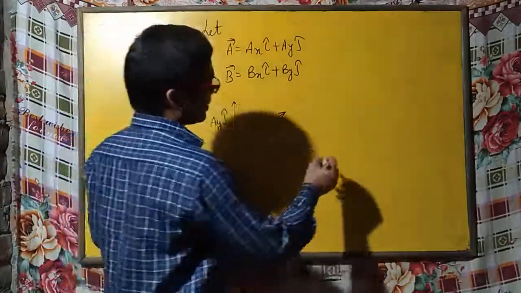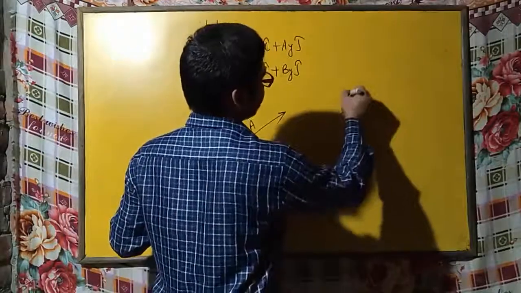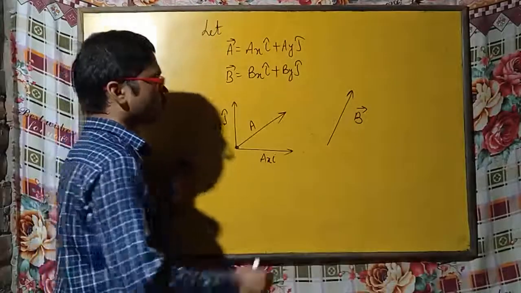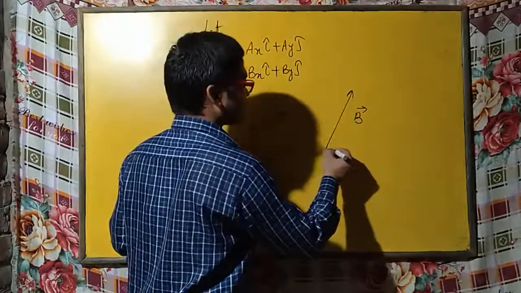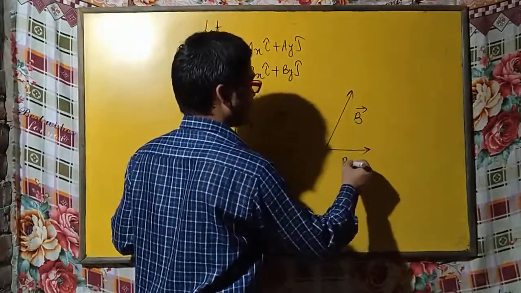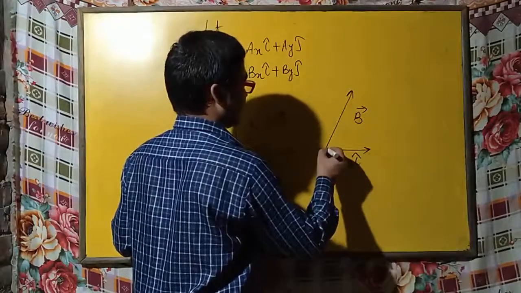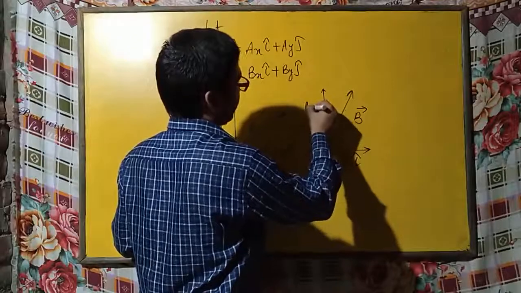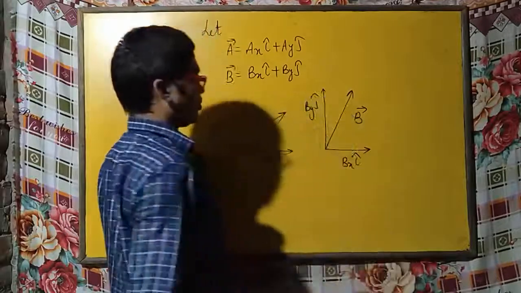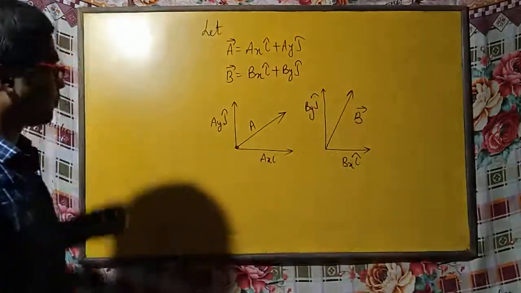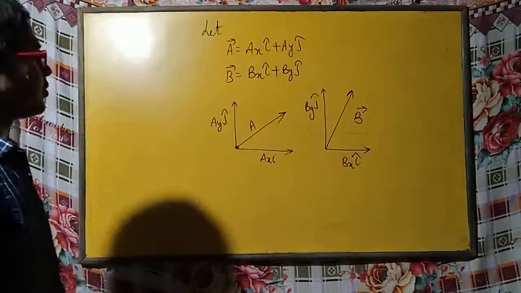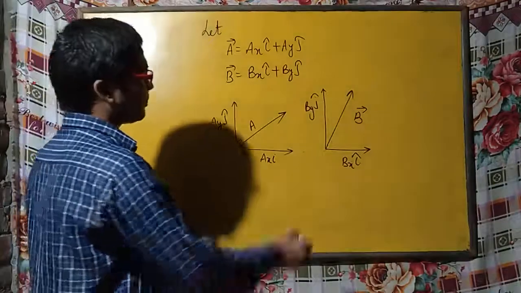Similarly, let's see vector B. Suppose vector B is like this, then you can resolve it into two rectangular components. This one is BXI and this one is BYJ. This is the vector B.